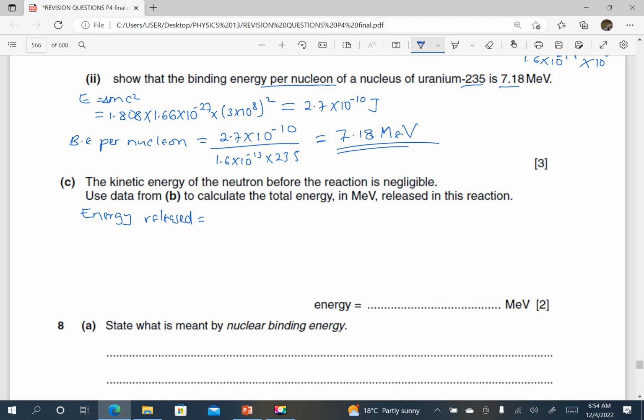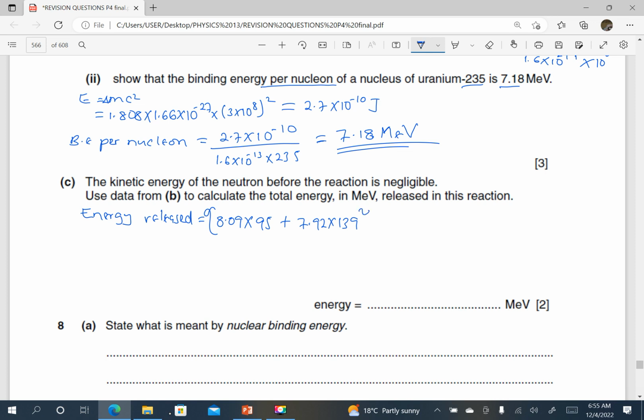So energy released is going to be on the right, we have the binding energy per nucleon of MO was 8.09 times the nucleon number of MO, which was 95. So that is the total binding energy of MO. Then plus, on the right still, we have LA, which had binding energy as 7.92 times the nucleon number of LA, which is 139.